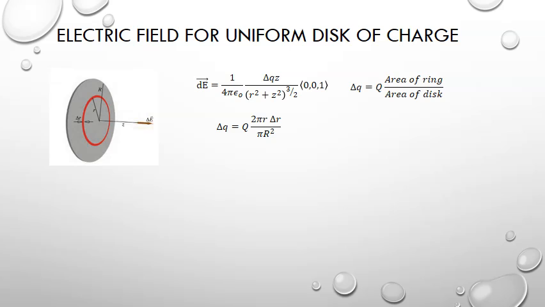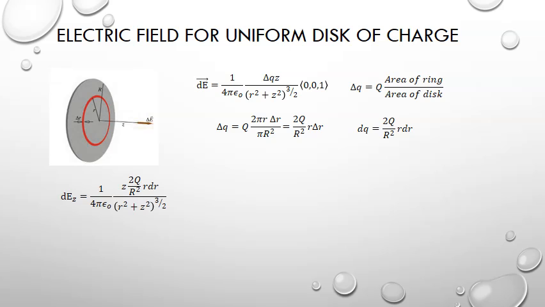Well, our area of the ring is the circumference of the ring times its thickness. So that's going to be 2 pi r times delta r. And the whole area of the disk is pi times r squared. Now, if we simplify that a little bit, we get this relationship. And that's my dq. So I'm going to make these infinitesimally small so we can do our integral.